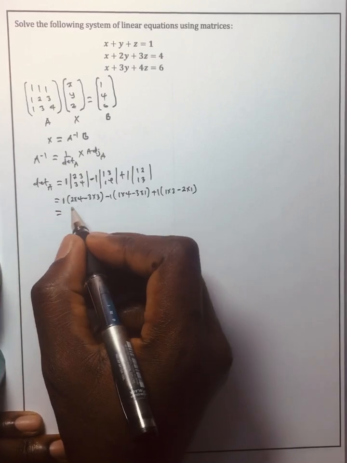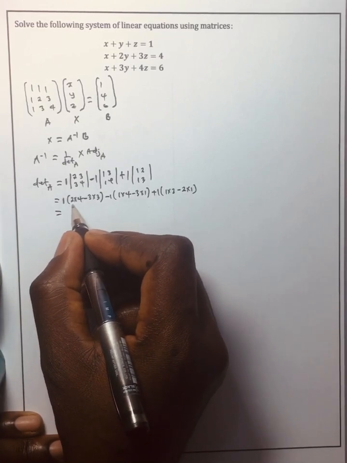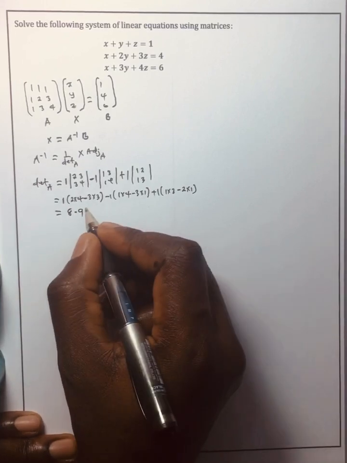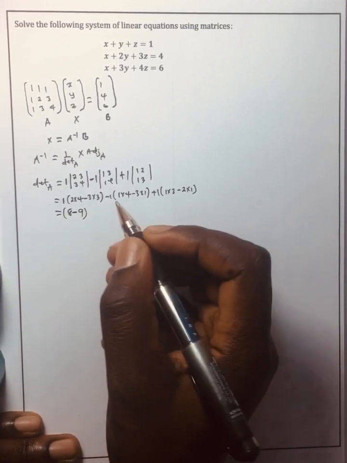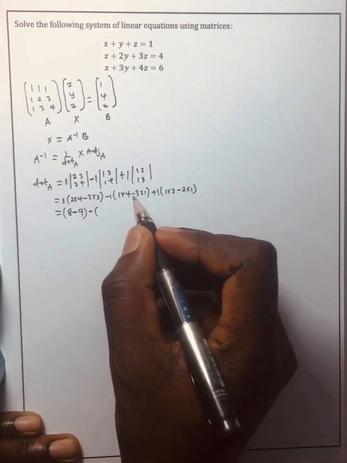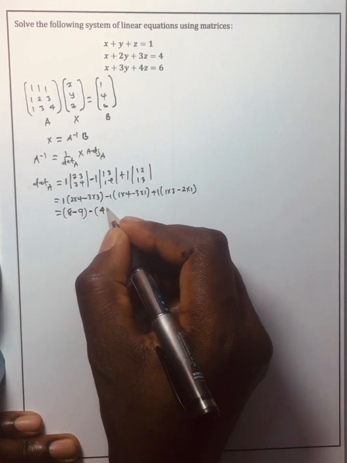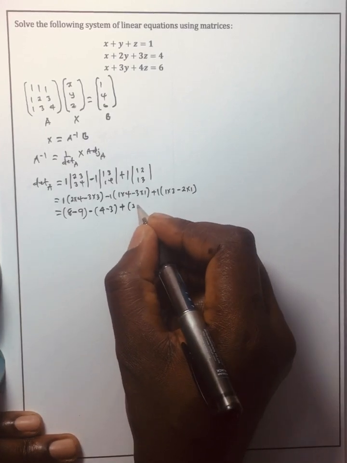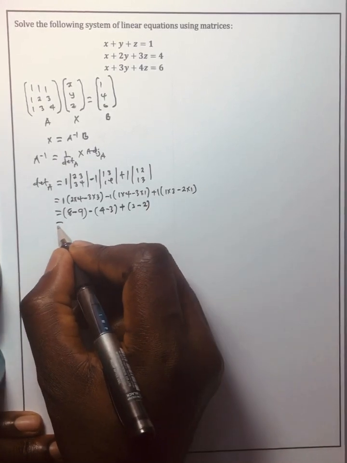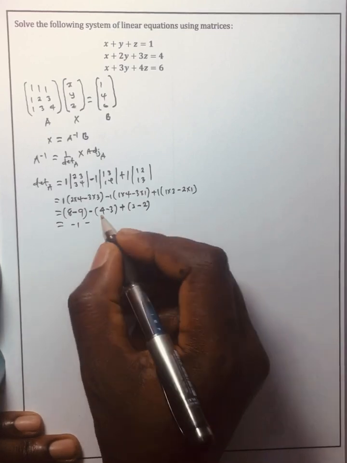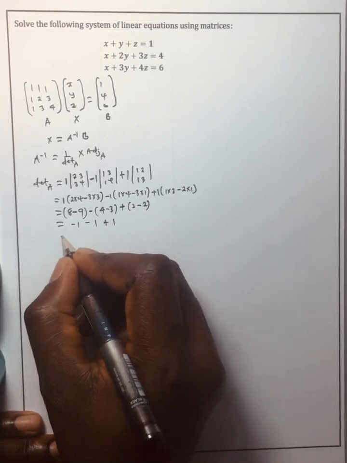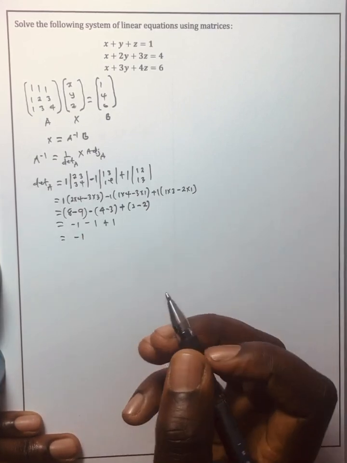So that is 1 into 8 minus 9, minus 4 minus 3, plus 3 minus 2. So that is negative 1 minus 1 plus 1. So the determinant is negative 1.